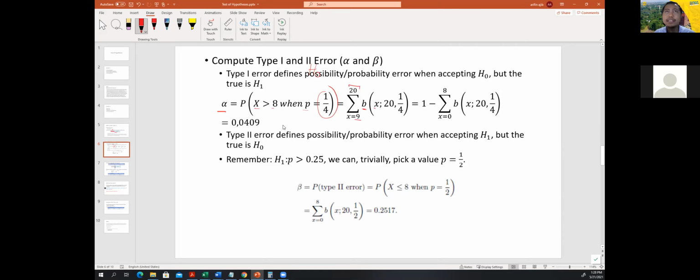And this is the X. We can compute the cumulative probability directly, or by manipulating, it is equivalent to 1 minus this probability, and we have this result, 0.0409. It's quite small.